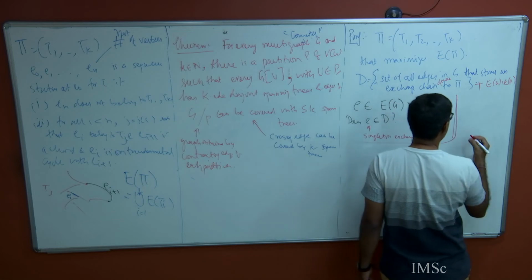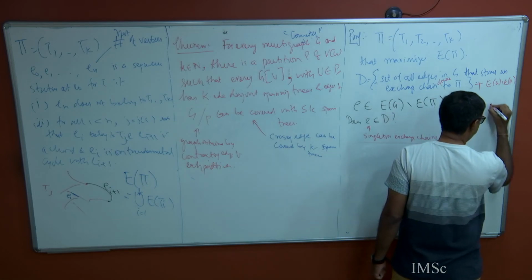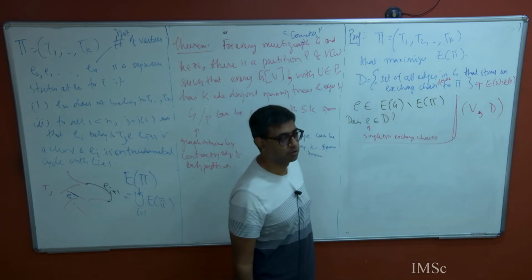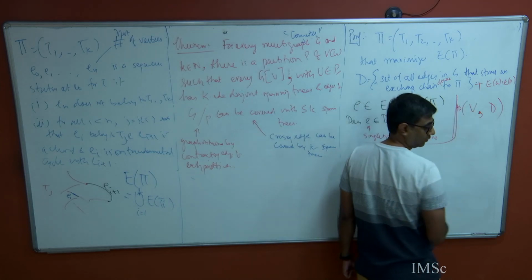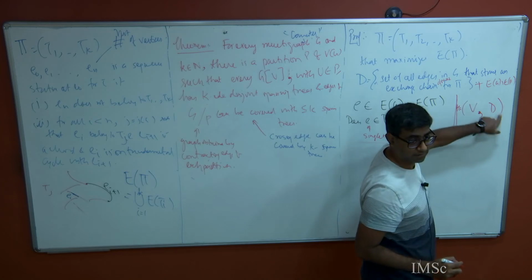Okay. So now let's consider a graph on the vertex set V and edge set D, and look at the connected components of this graph. This is my graph H. My vertex set remains the same, but my edges are this set of edges.